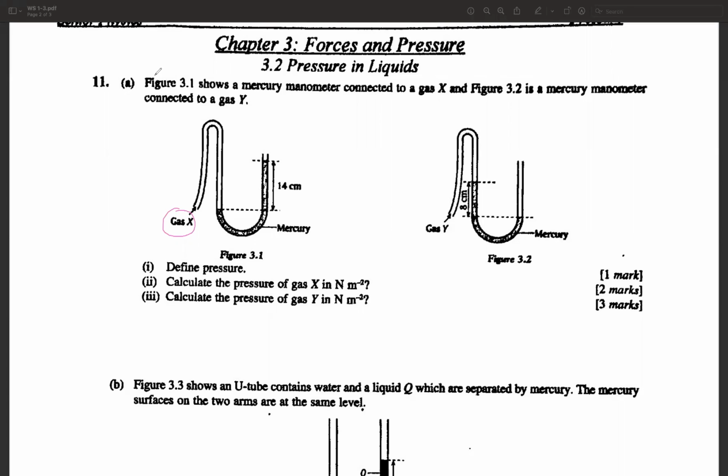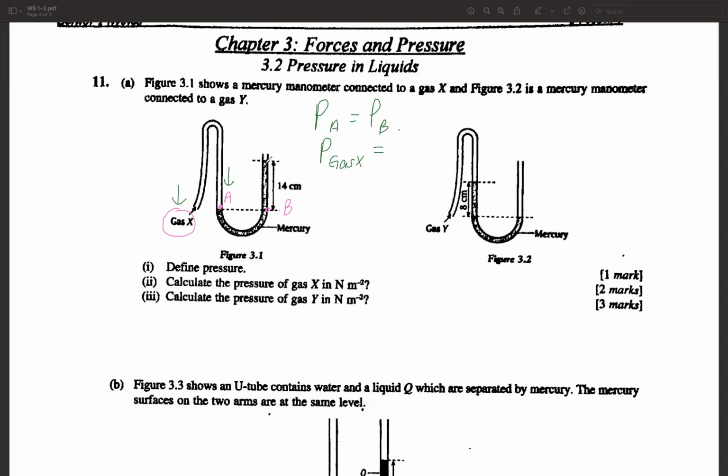That means everything else is the same, just that if I take the 2 points here, point A and point B here, what is the pressure acting on point A? You see what is pressing on it? Gas X, right? So gas X is acting on pressure point A. So PA equals PB. That means P gas X is going to be equal to PB.